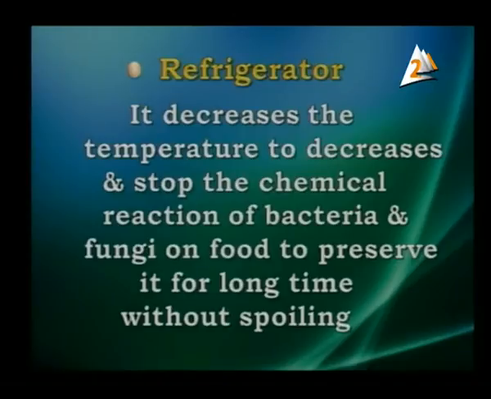So the refrigerator decreases the temperature to stop the chemical reaction of the bacteria and fungi on food to preserve it for a longer time without spoiling. It is the same for the freezer. Why? Because the freezer makes cooling more than a refrigerator.